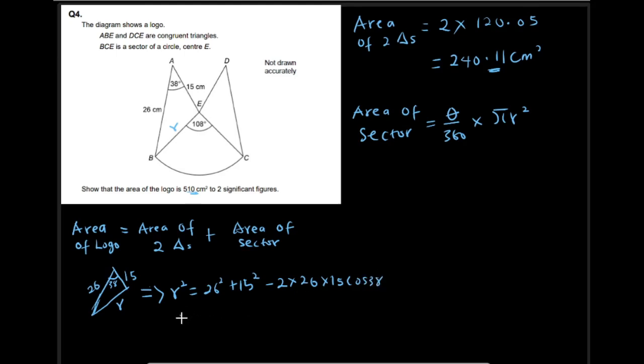Using our calculator, 26 squared gives us 676, plus 15 squared gives us 225, minus 2 times 26 times 15 times cos 38.